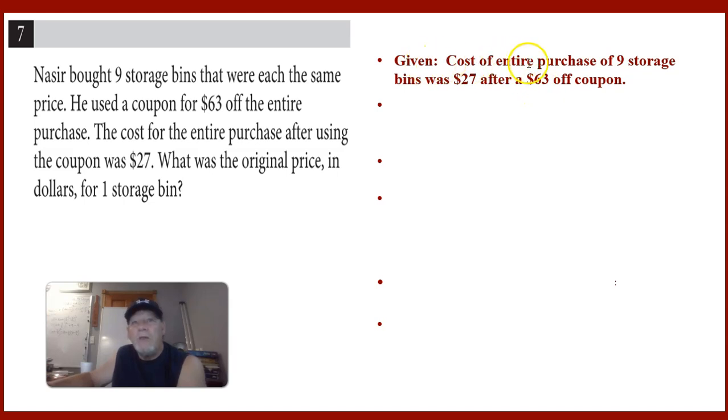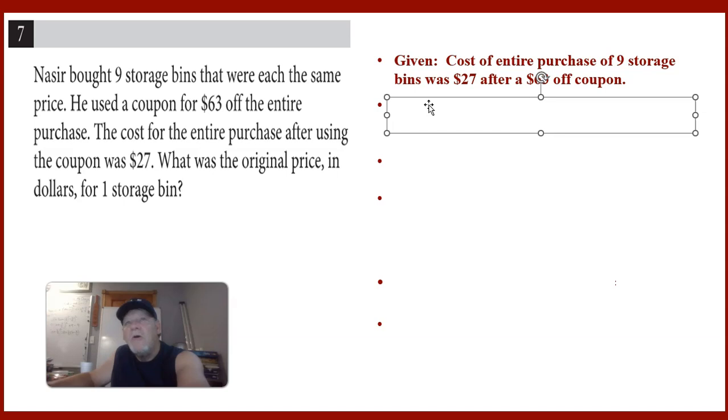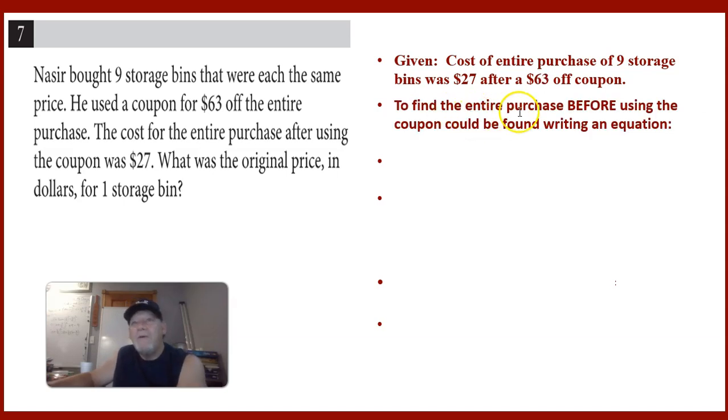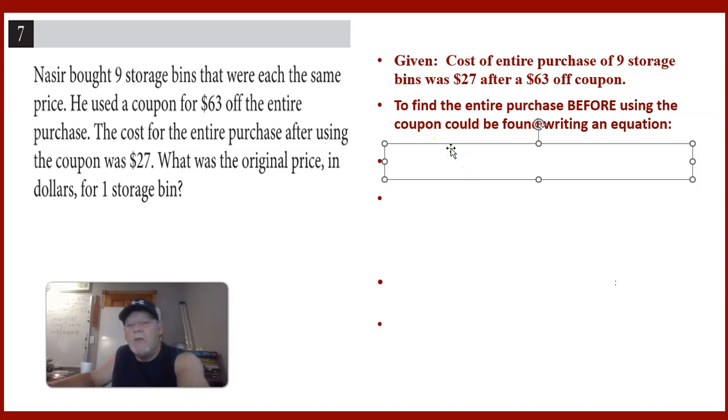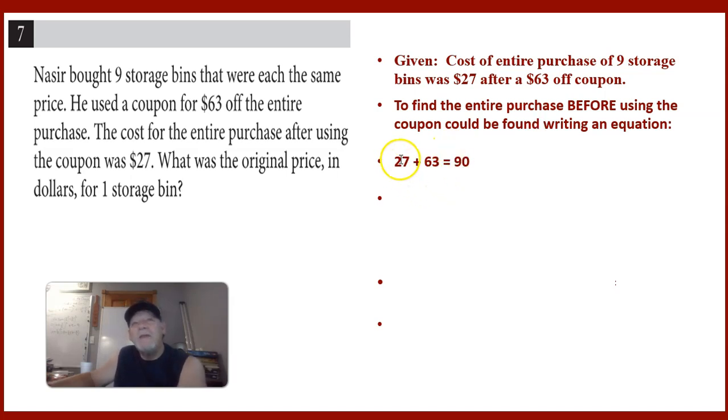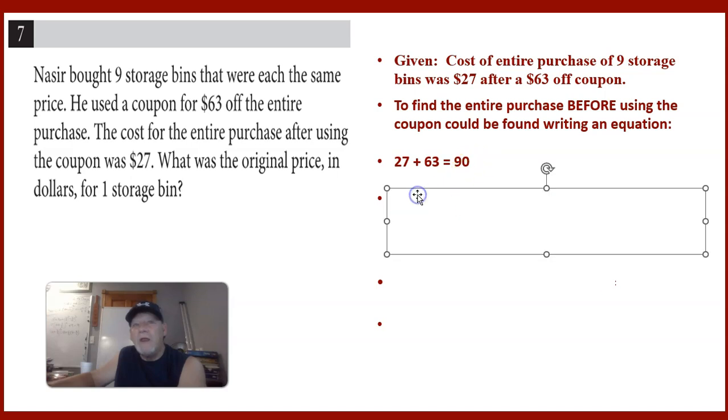So if we're given that the cost of the entire purchase of 9 storage bins was $27, after a $63 coupon off, to find the entire purchase before using the coupon, we could write an equation and say that if I'm paying $27 and got a discount of 63, the original price would have been $90.